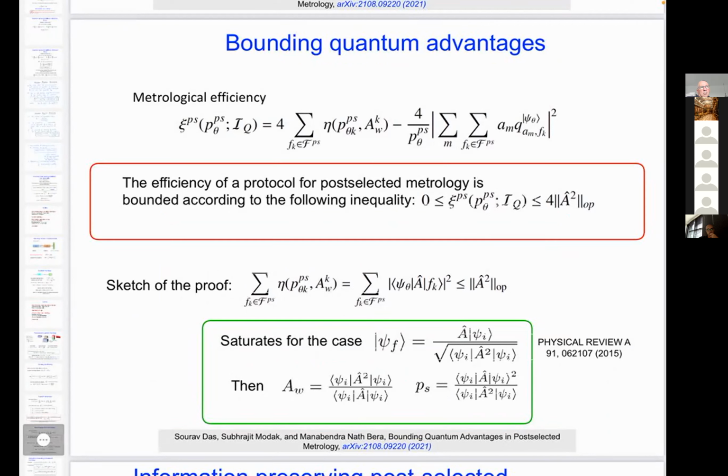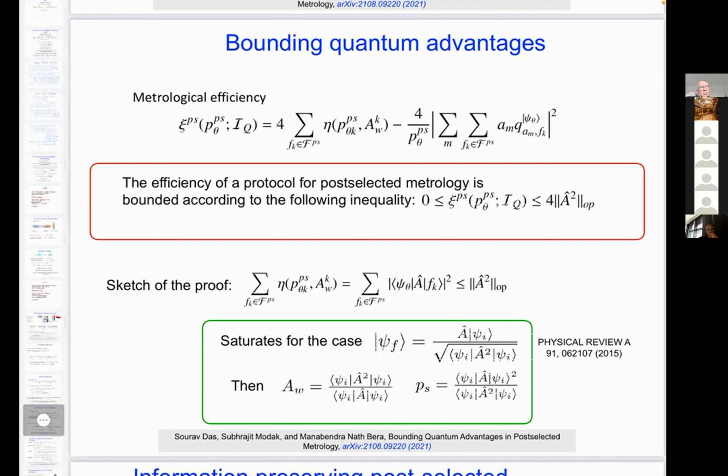Here is the sketch of the proof, which concerns optimization. Looking at the first part of the metrological efficiency, the efficiency is maximum when the first part is maximum and the second part is 0, right? That condition is achieved when the second part gets 0, and you can see the metrological efficiency is bounded by this 4a square term.